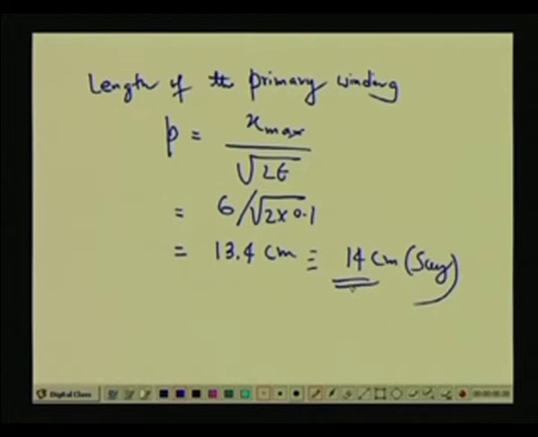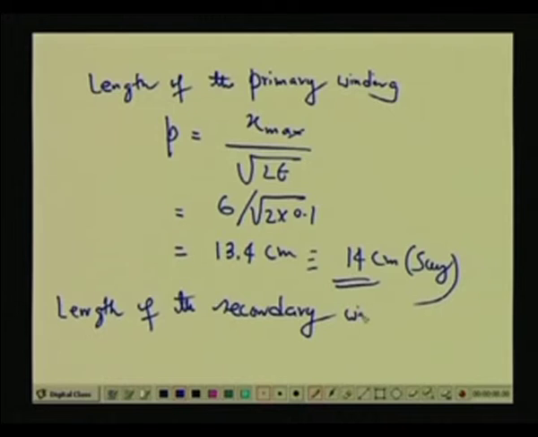Now, the length of the secondary winding S will be equal to P plus x max, which is 14 plus 6, that is 20 centimeter.